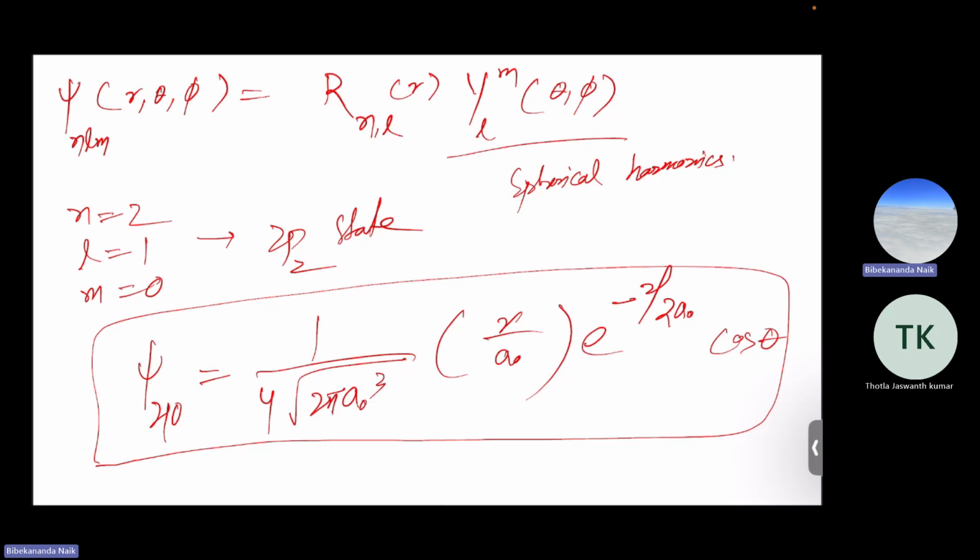More details in this regard have been discussed in the course lectures, on how the forms are obtained, because if you evaluate the solutions of the wave equation, we will have energy eigenvalues and eigenfunctions.